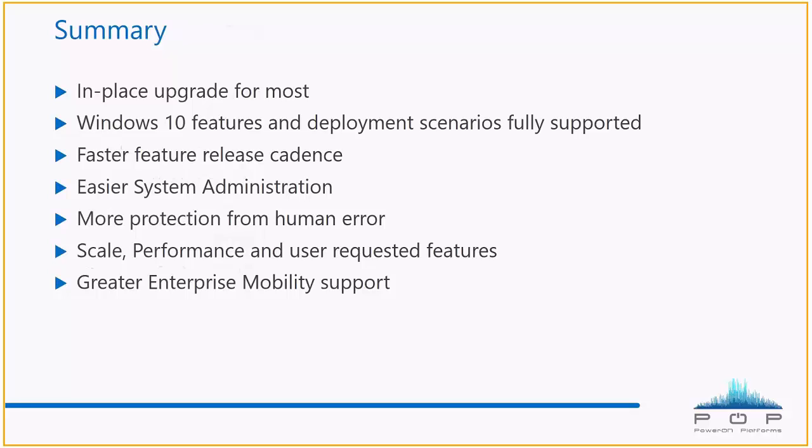So in summary then, the upgrade itself is going to be more of an in-place upgrade for most people. Even if it's a couple of in-place upgrades just to get the latest service pack on and then upgrade to this current branch.